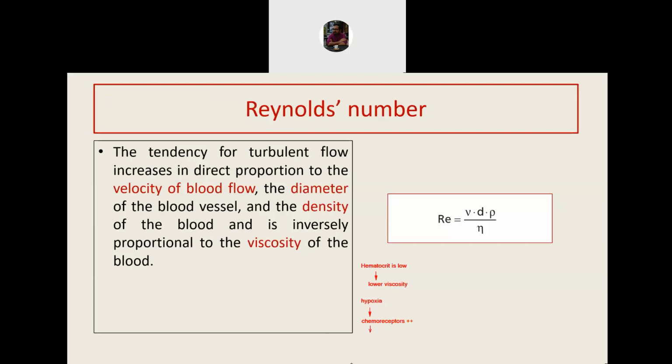When chemoreceptors are stimulated, heart rate increases and blood pressure increases. Increased heart rate means there will be a faster blood flow. So the velocity of the blood flow also increases. This increase in velocity as well as decrease in viscosity both will contribute to the rise of the Reynolds number.